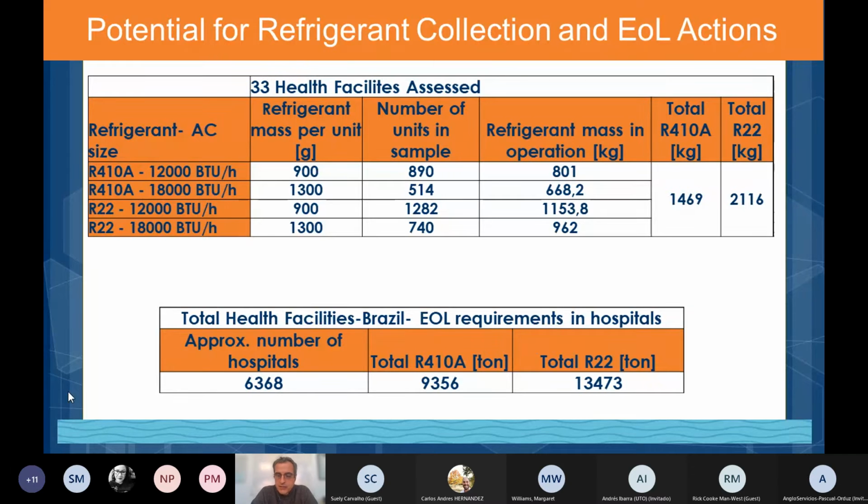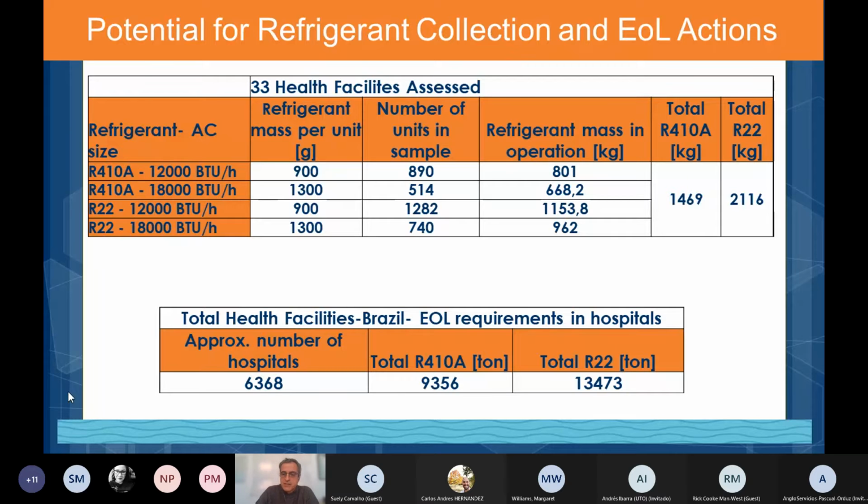This represents 4.6 million CO2 metric tons avoided. And only from this 33 hospitals.